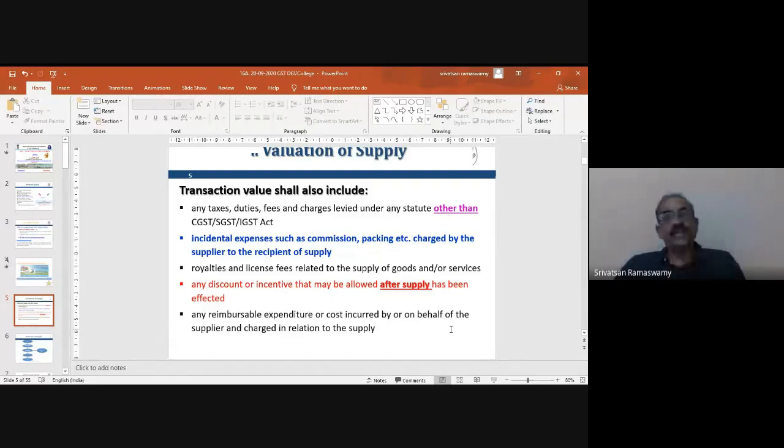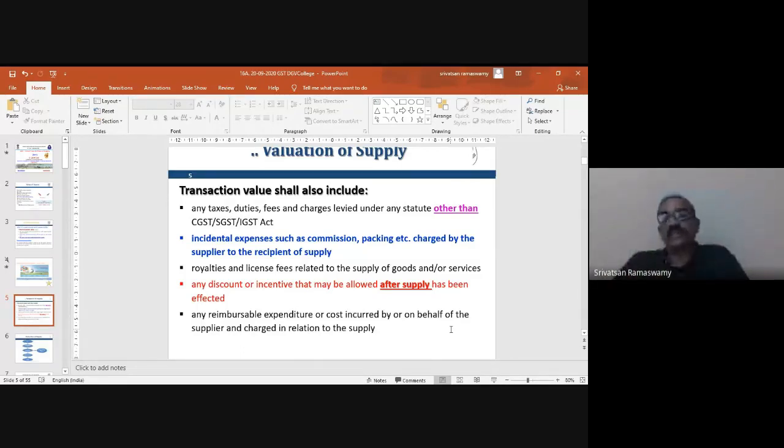If you decide that you are going to give him a 5% discount or 10% discount or 20% discount before the supply is effected, then that discount is a permissible deduction from the transaction value. But if you effect the supply first, and after that you enter into a negotiation, and as an afterthought you give him an extended discount and offer him a credit note, then that value of discount cannot be deducted from the transaction value, right?